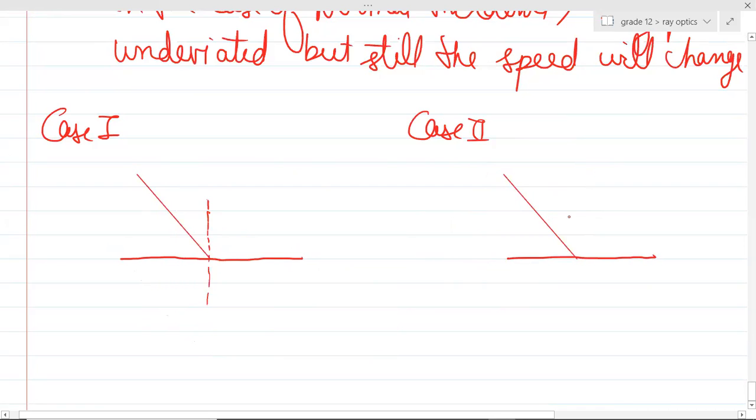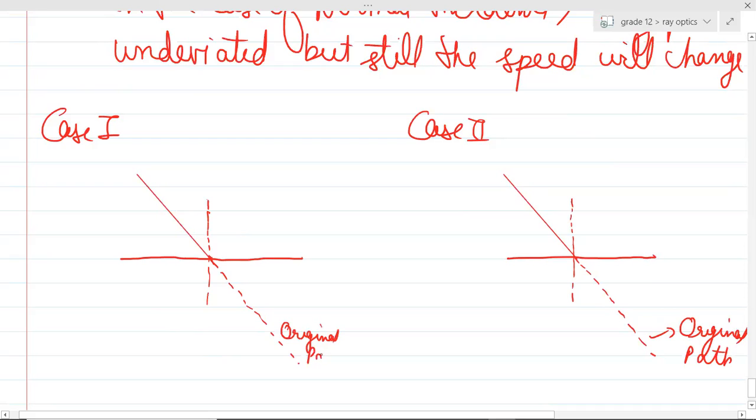Yes or no? Can you see over here? This would have been the original path, right? So this is your incident ray, which is incident obliquely on this medium boundary.